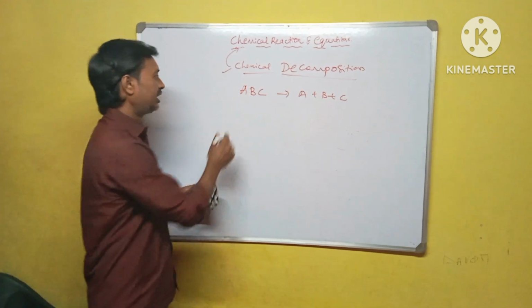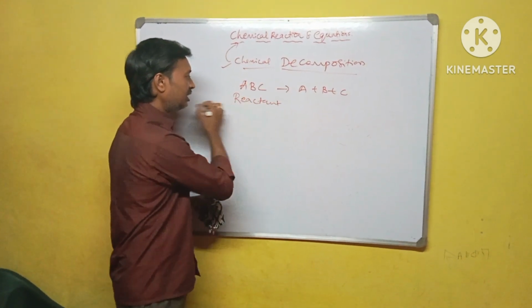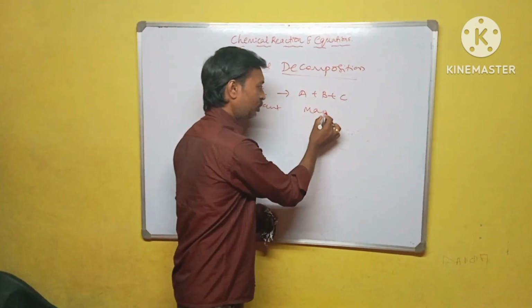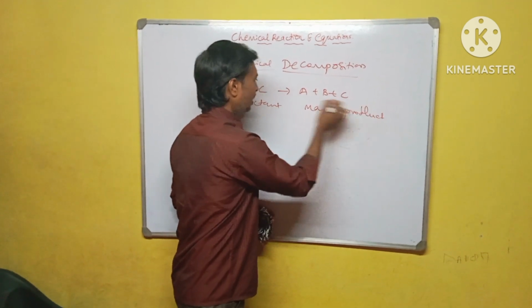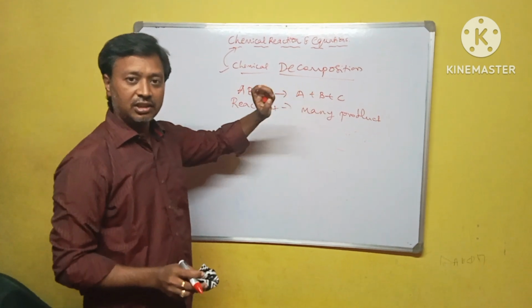A single reactant decomposes into many products. It is opposite to the chemical combination reaction.